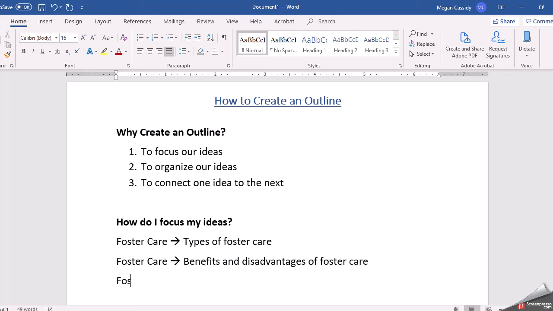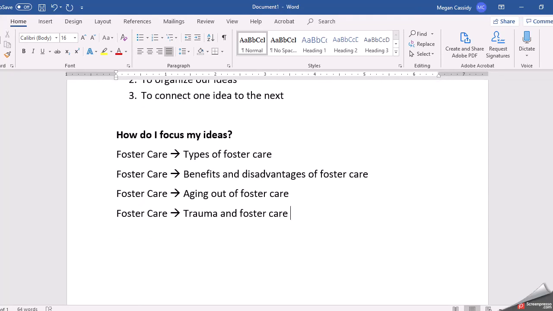And student C is going to focus their paper on aging out of foster care. And student D is going to focus their paper on trauma and foster care. Okay, so we have 4 different ways that a person could focus their ideas.